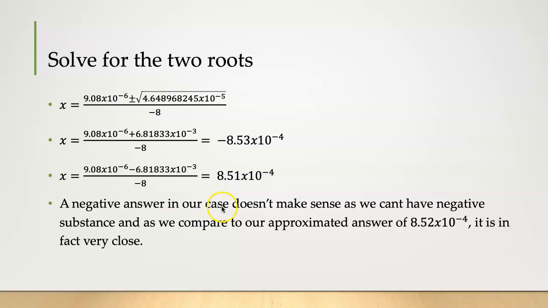Now, a negative answer really doesn't make any sense in this case, because we're looking for a substance that's being formed, and having negative substance really does not make sense. So when we compare to our approximated answer of 8.52 times 10 to the minus 4, we can see that it's very close, which makes sense considering our percent error was very low.